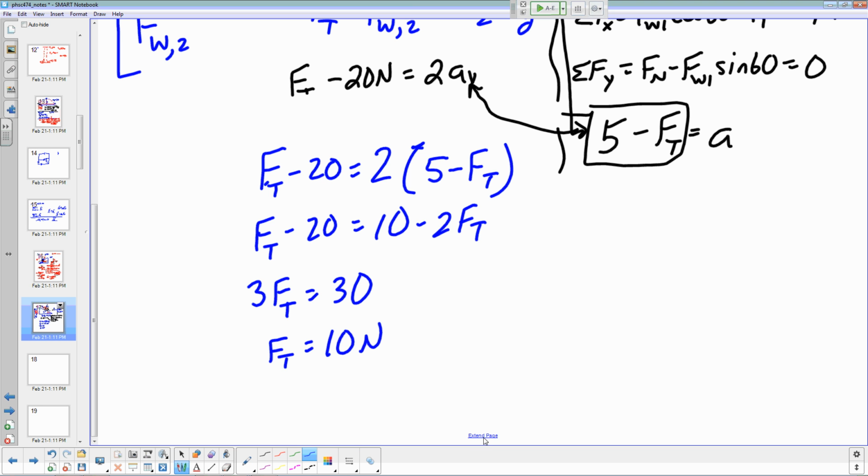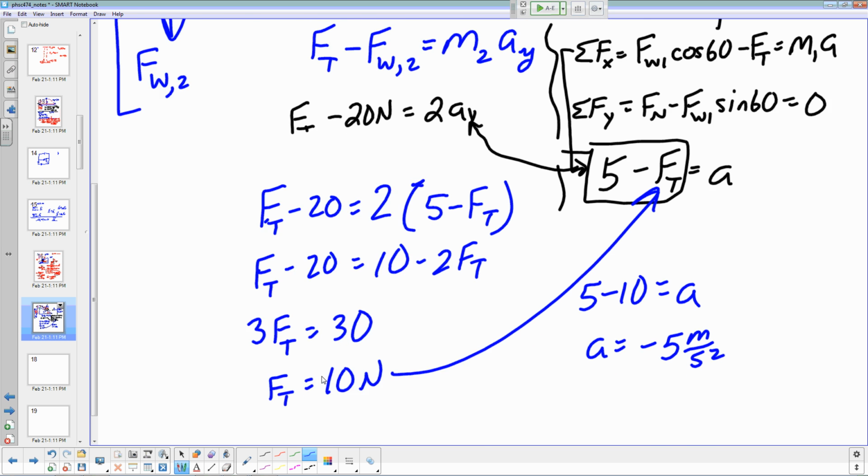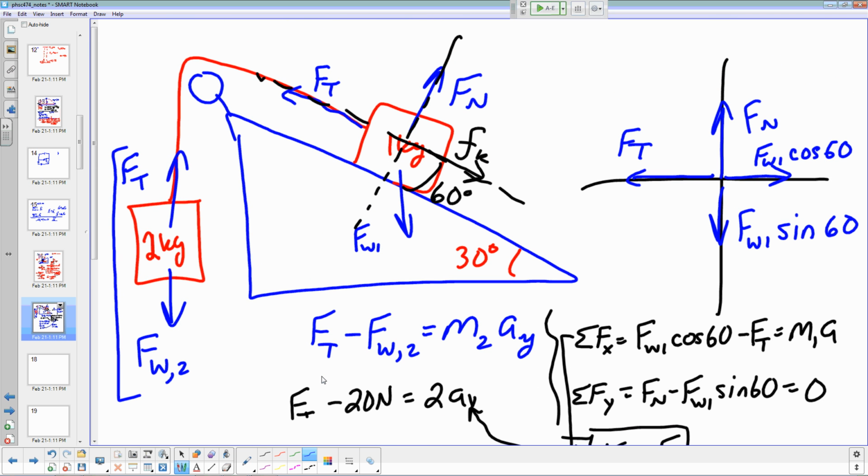And then if I want to know my acceleration, I could plug that in back up here. Say 5 minus 10 equals a. So a is equal to negative 5 meters per second squared, which is as we expected because my acceleration was either, scroll up, depending how I looked at it, in the negative x direction here, or in the negative y direction here.